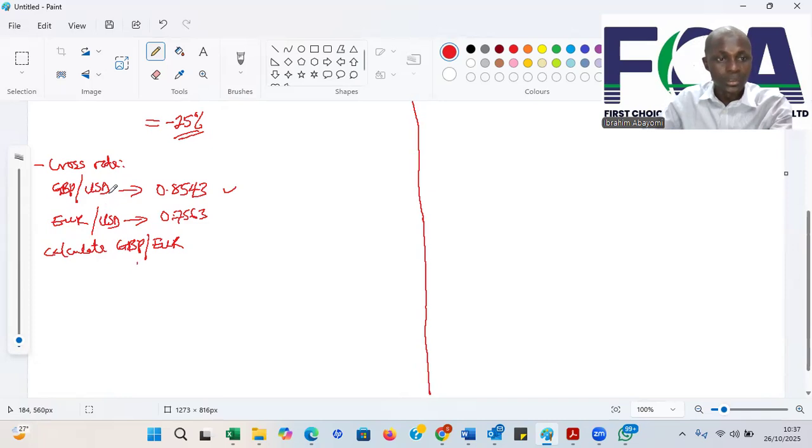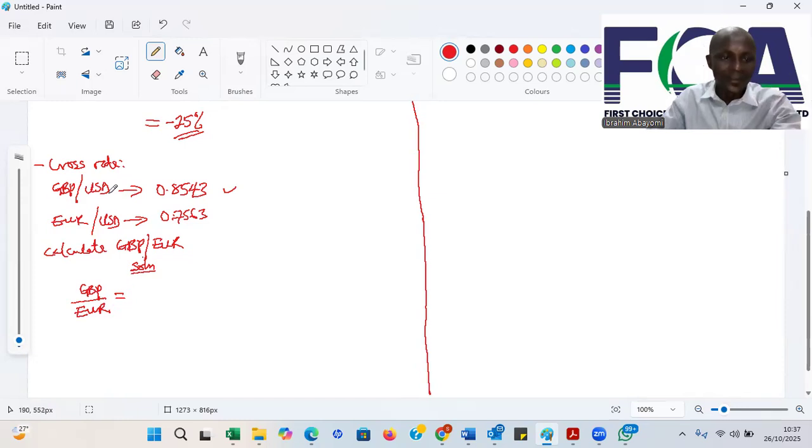So what do I need to do? Let's quickly do that. I want to calculate GBP to EUR exchange rates.